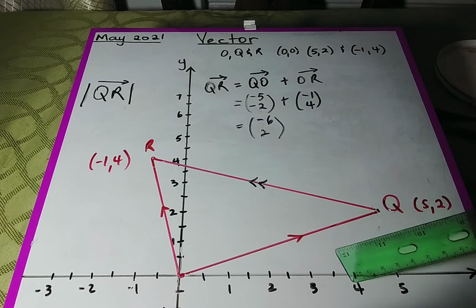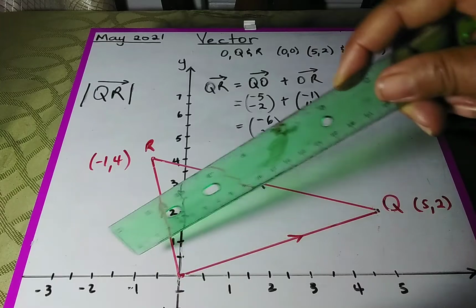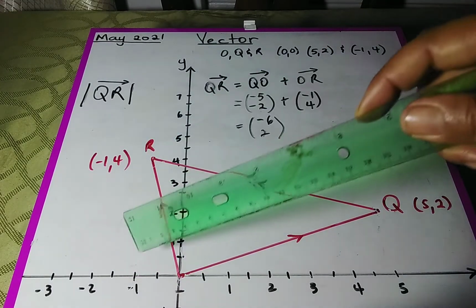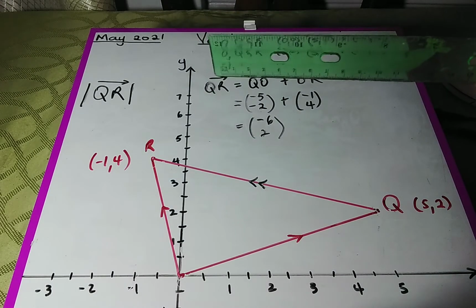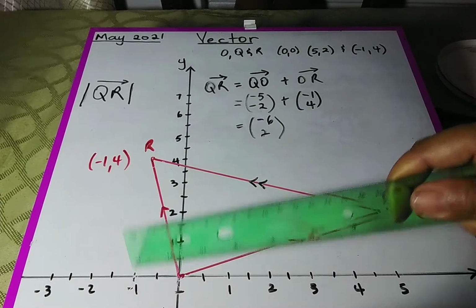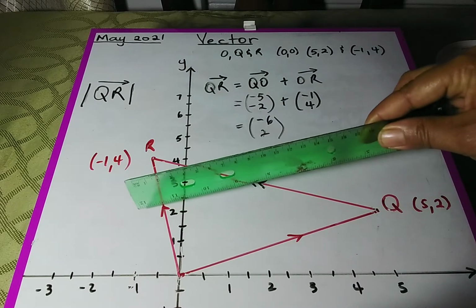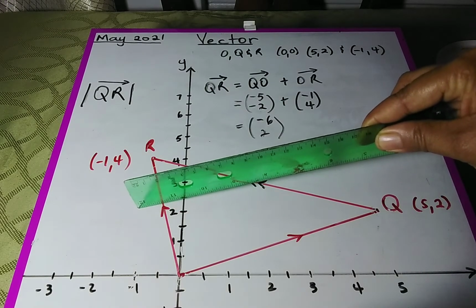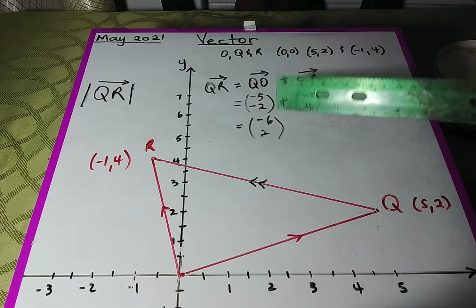So if we count 1, 2, 3, 4, 5, 6, that's why it's negative 6. And then we move 2 spaces upward. Hold on a minute. Yes, 2 spaces upward, but of course you won't be counting from down here because Q is at positive 2 going across. So 6 would take us somewhere here. Then we count positive 2 upwards, 1 and 2. So yes, it's negative 6 and 2.